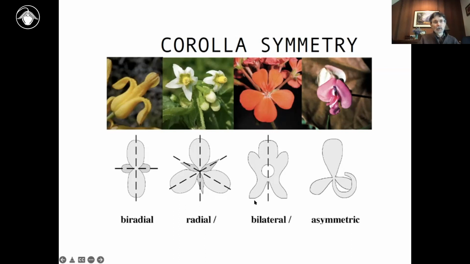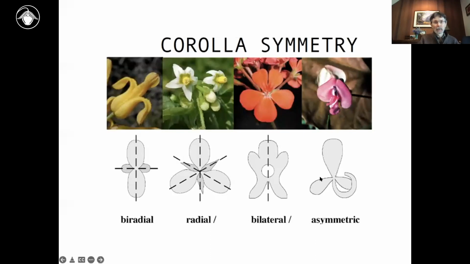Whereas quite a few, and especially some of the plants that have more specialized pollination syndromes, have bilateral symmetry of their flowers. That is where we can only cut the flower in one plane, as you see here, to yield 2 equal halves, like our own bodies are organized.